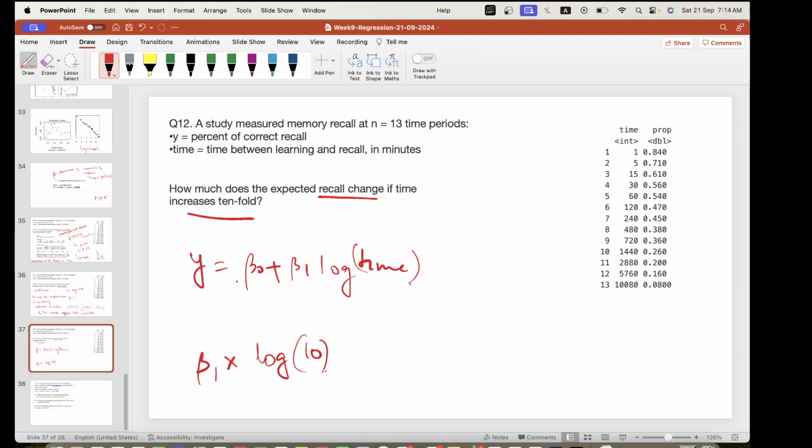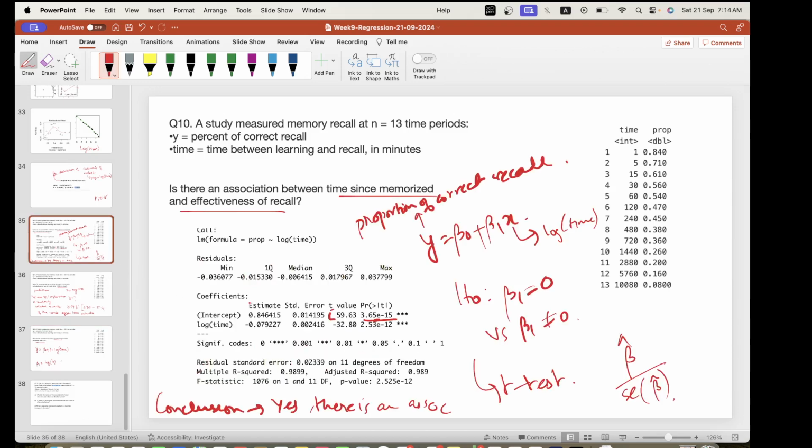So the mean response is going to change by this amount. We have beta 1 from here as minus 0.079.